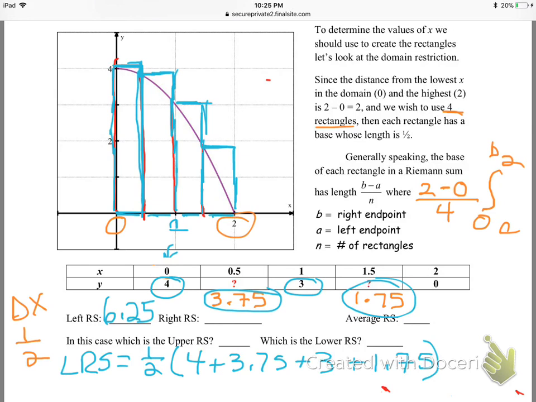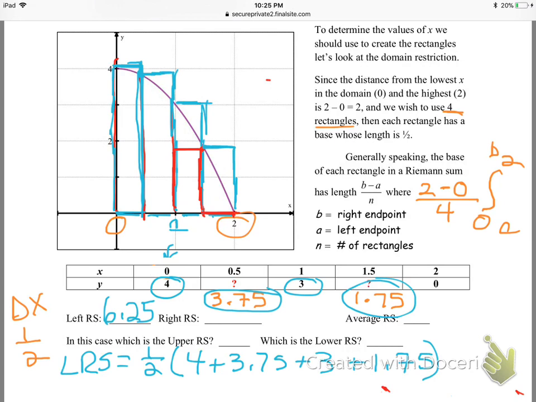Okay, let's do the right Riemann sum. I'll leave everything in blue since I can still contrast it with my red. For the right Riemann sum, I'm going to start at the right endpoint, and when I hit the curve this time, I don't have any height. So here's my first rectangle. It has no height, so it has an area of 0. Here comes my second rectangle. I come up, I hit my graph, I go horizontally across to the next x value, and that's my second rectangle.